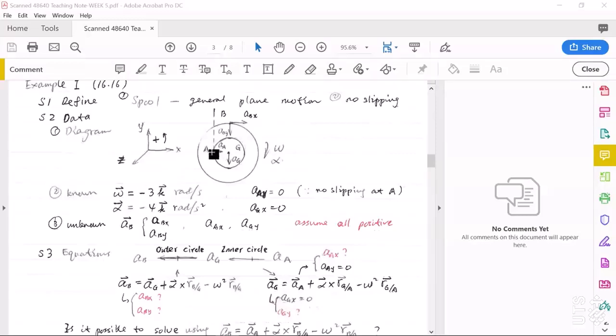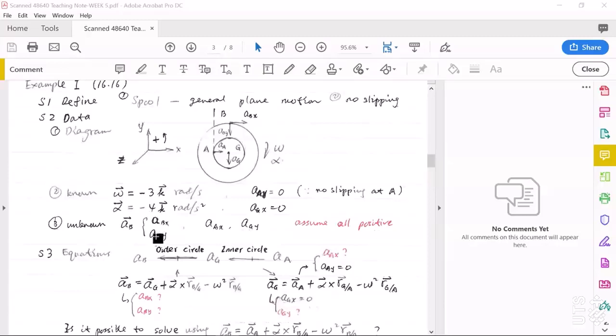A is the IC point. So at this point, AAX is not 0, but AAY must be 0. At point G, AGX must be 0. We only have AGY. Okay, now the target is ABX and ABY.